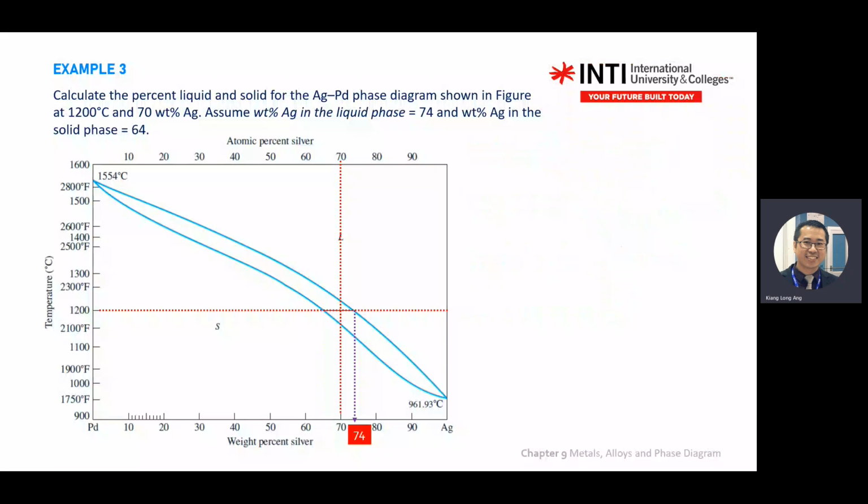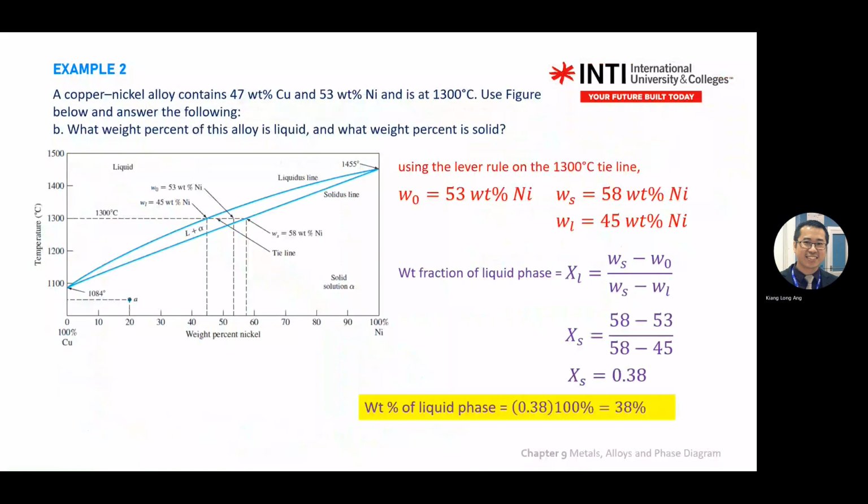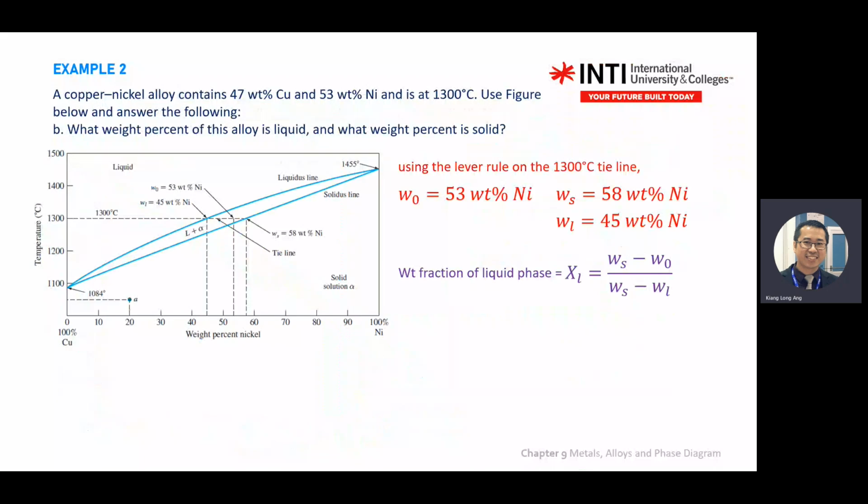What you learned just now, I flip back and you observe the graph. Liquid on the top, solid on the right. Then I flip here. Liquid here, solid here. You draw a line, temperature. So this is liquid.